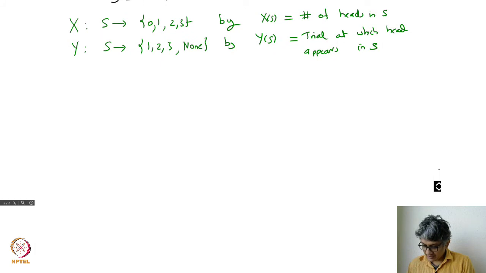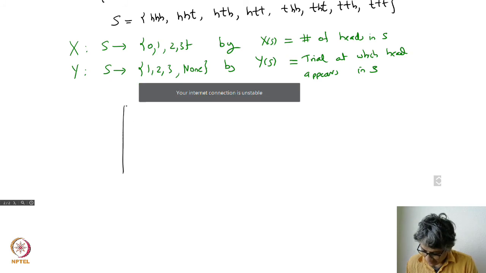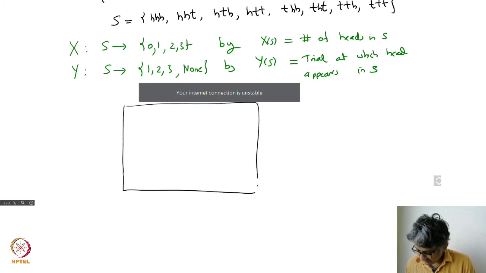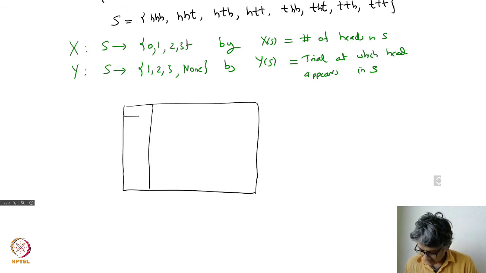So once I do this, let's do a little table. Let's see if the table comes out nicely. So the table is quite clear, right? So I do this, and then I do this, and I do this. I first write down the outcomes of S in this column, right? So let's call that little s.